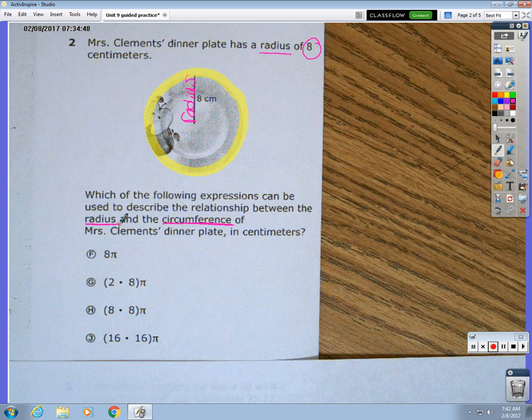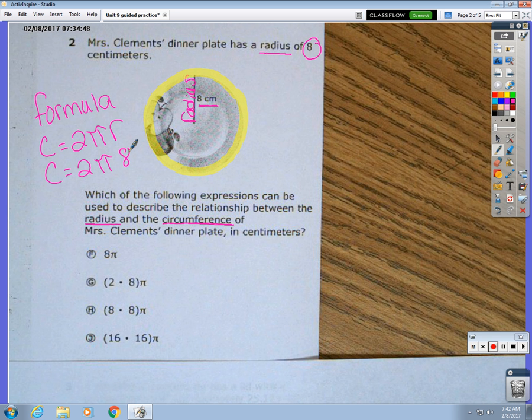Since we know the radius in this problem, we're going to use the formula circumference equals 2 times pi times r, and r is the radius. So we know that we're going to have to multiply 2 times pi times the radius, and our radius is 8 centimeters.